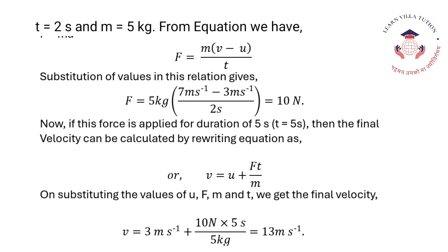Now, if this force is applied for a duration of 5 seconds, then the final velocity can be calculated by rewriting the equation as v is equal to u plus F t divided by m. On substituting the values of u, F, m and t, we get the final velocity v is equal to 3 plus 10 into 5 divided by 5, which is equal to 13 meter per second.